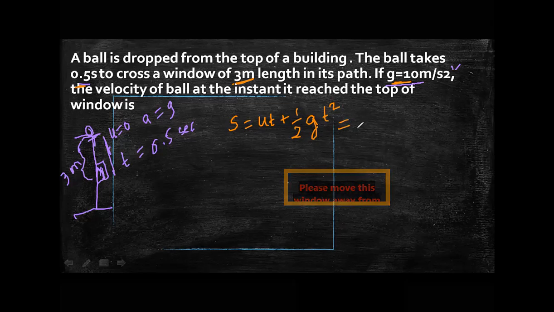So what should I do now? S I know is 3. T, how much? Half means 0.5, which I can write as 1 by 2.